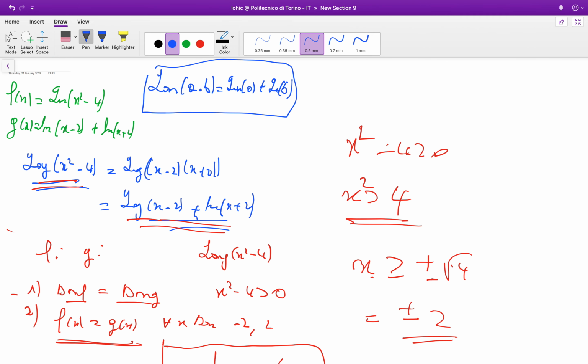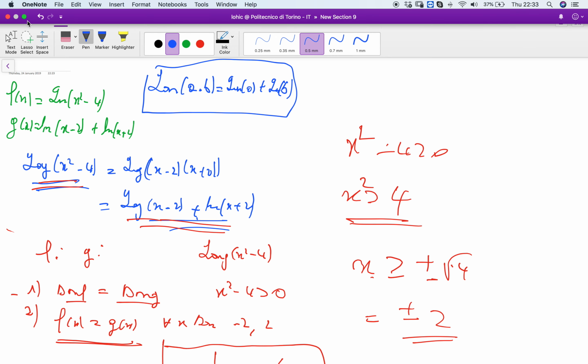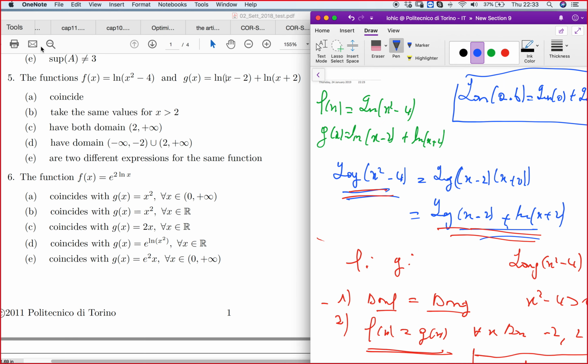So the two functions do not have the same domain. So I cannot say that they coincide. Despite they have the same expression, they do not have the same domain. So coincide is false. They take the same value for x greater than 2. Yes, this is true, because if you take them from x greater than 2 only, they will be the same function. Yes or not?